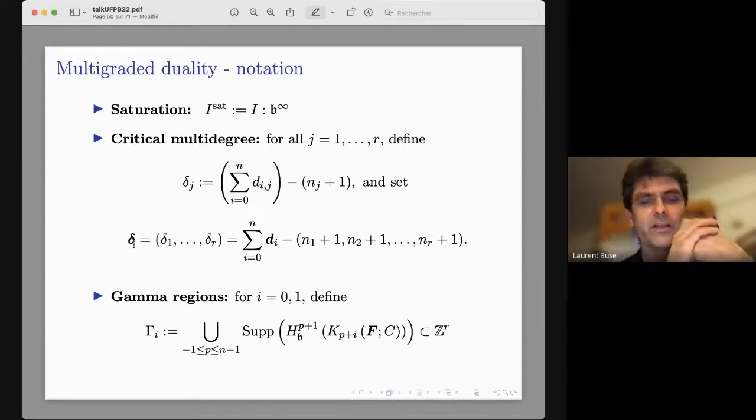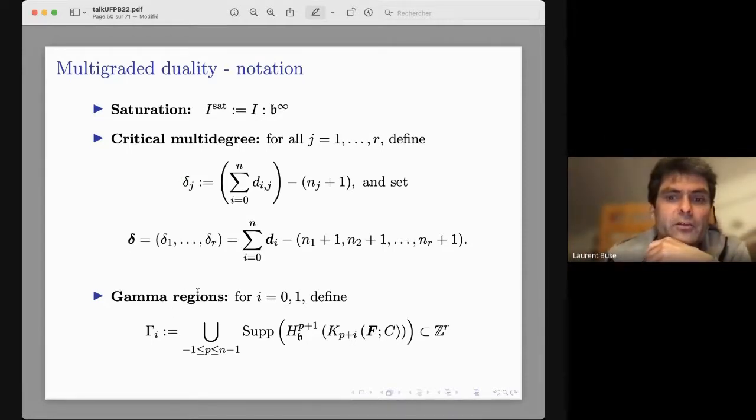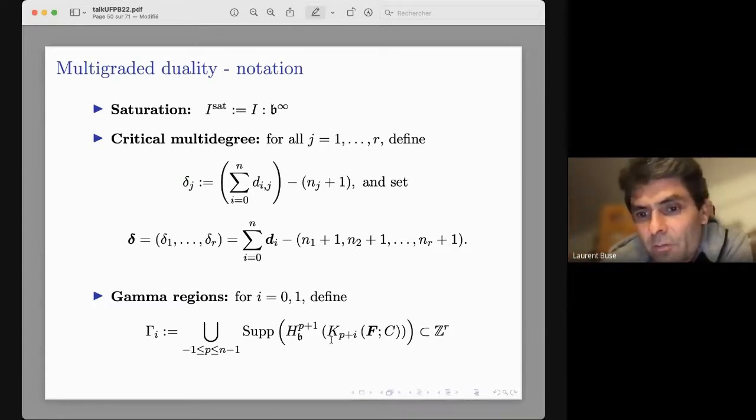So what are the regions here? What I call regions are regions with respect to the multi-degrees, that is, with respect to this sort of degrees. So we need to define two regions, gamma 0 and gamma 1. So there are two regions in the plane, I mean, in the set of multi-degrees, that are given by this formula that corresponds to control of some modules, of some local cohomology modules of the Koszul complex.